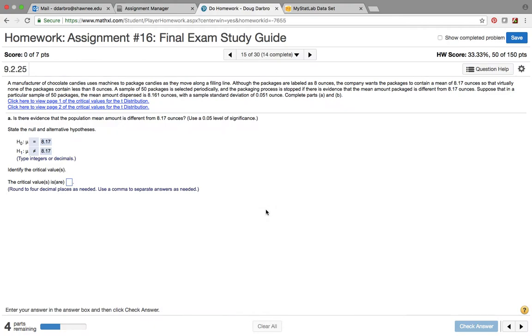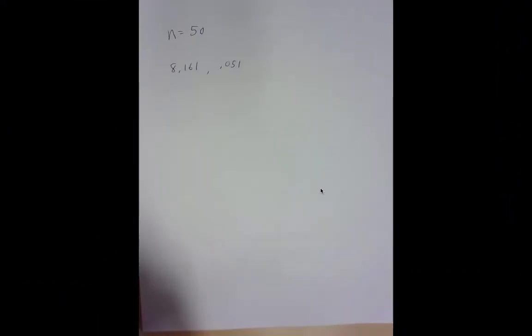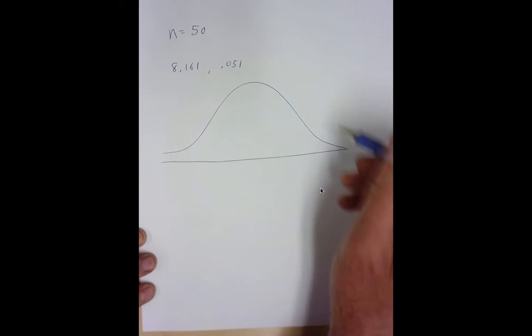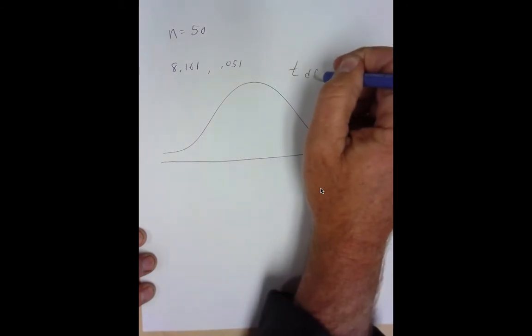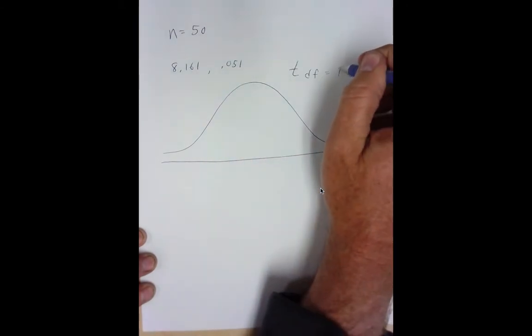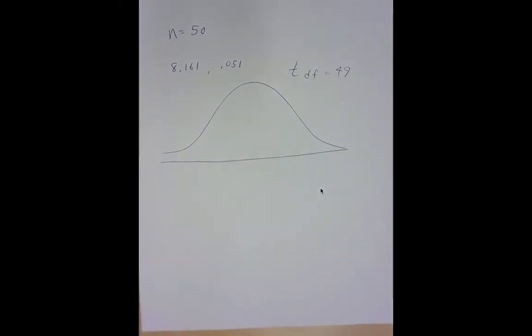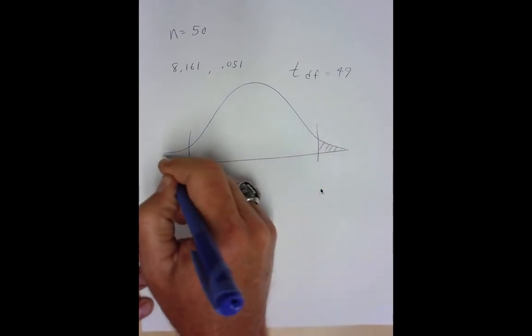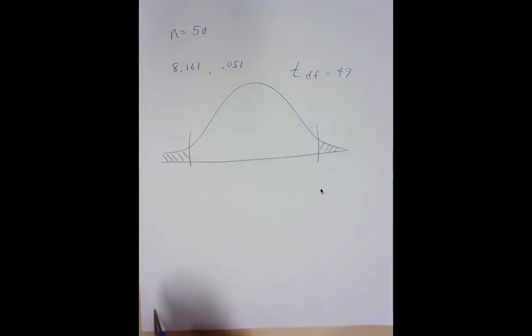Identify the critical value. So guys, what we've got going on here is a 0.05 level of significance. Our t-distribution is going to have 49 degrees of freedom, and we want the rejection regions in the upper tail and lower tail.